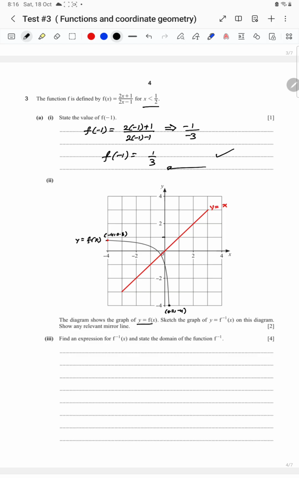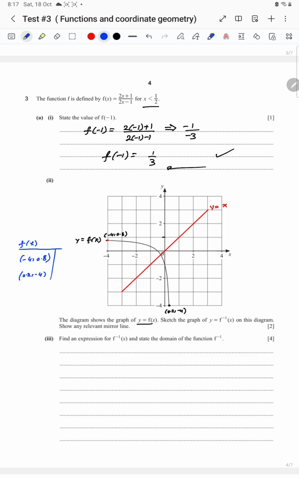So for the inverse function we just need to swap the coordinates. Domain becomes range and range becomes domain. So here minus 4, so it means it becomes this minus 4 and 0.8 coordinates for f of x, and the other we marked 0.2 and minus 4.